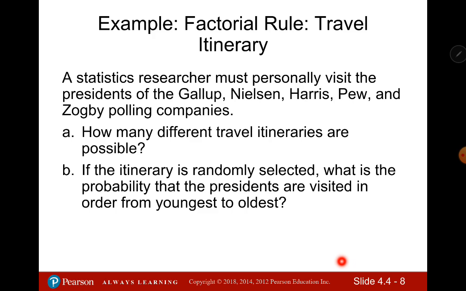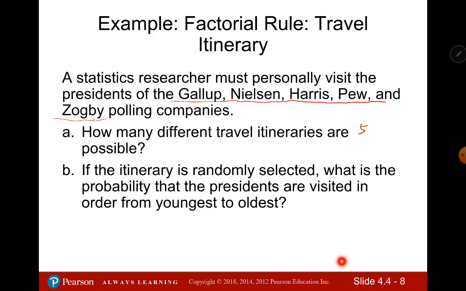This time we have to visit the presidents of 1, 2, 3, 4, 5 companies. So we should visit all these 5 different presidents, right? So in total we have 5 different items, 5 different presidents. And we want to select all of them, but put them in different orders.